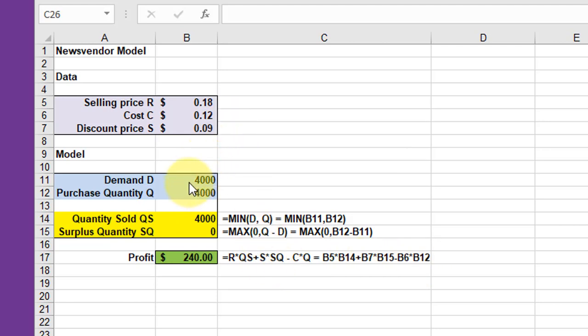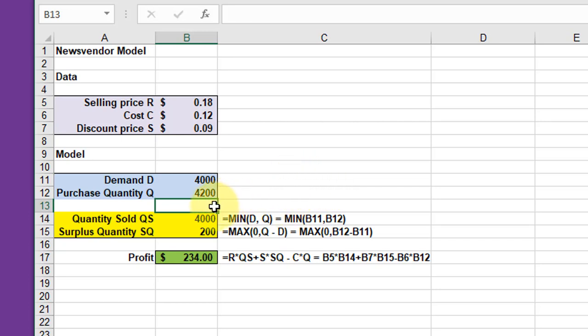You can see if he buys exactly the demand, then he gets a profit of $240. If he buys too many, let's say he buys 4,200, and you need to exercise your model to make sure it makes sense.